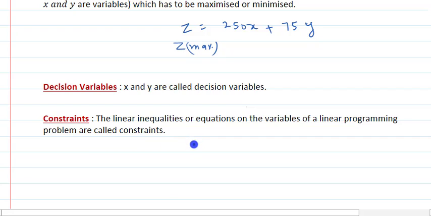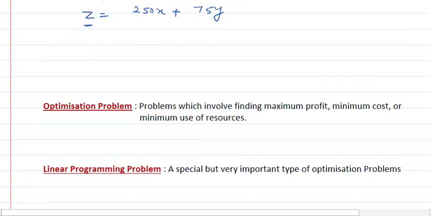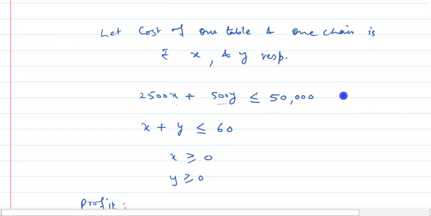In the above problem, we are getting 4 constraints, this is number 1, this is number 2, this is number 3, and this is number 4. So these 4 are called constraints in linear programming problems.